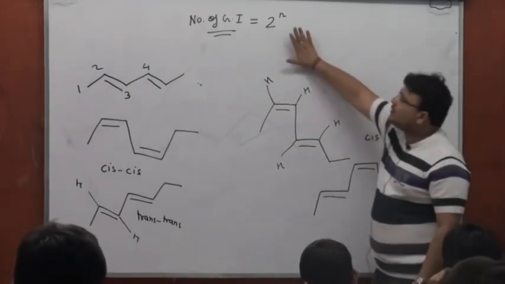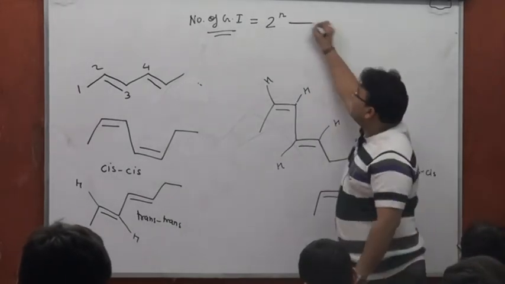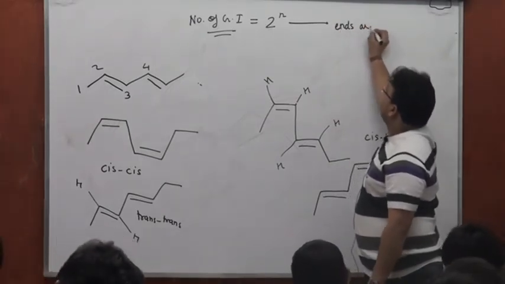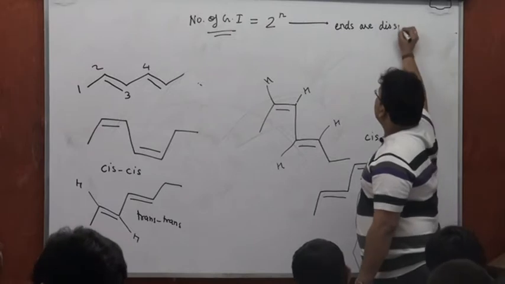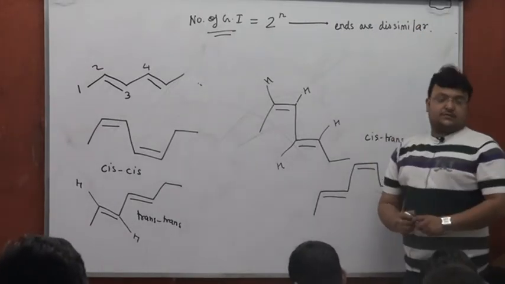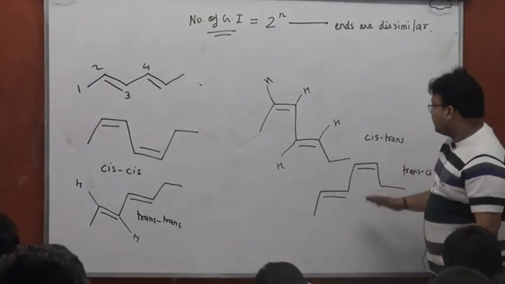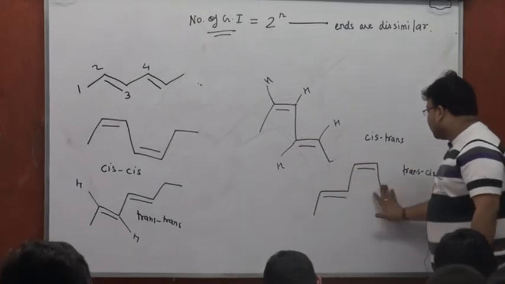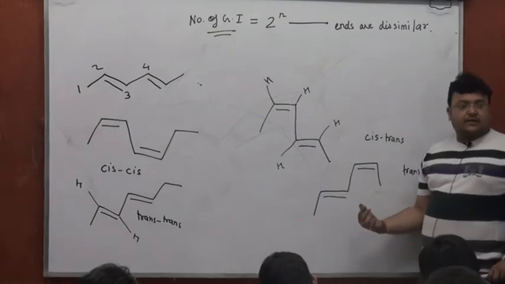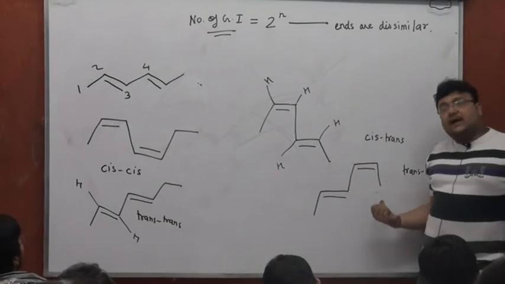So it's going to be 2 to the power n exactly only if the two ends of the molecule are dissimilar, because if the ends are similar, you can count from left or right. And as you see in this case, a cis-trans is going to be the same as trans-cis.